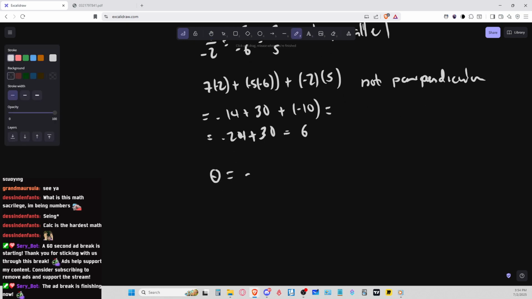So cosine of 6, because we needed the dot product of this one. And now we have to get the magnitudes.